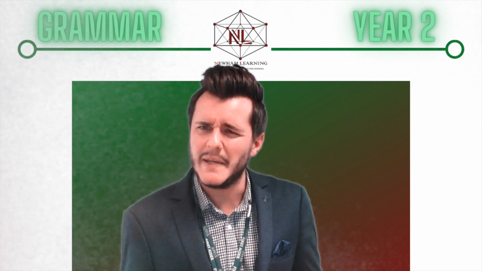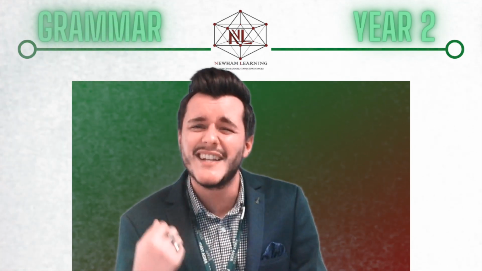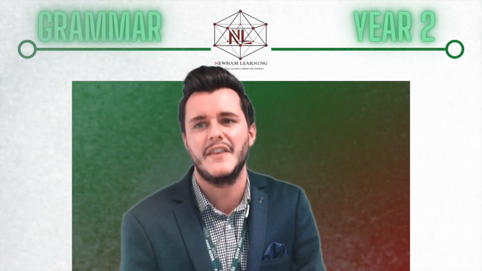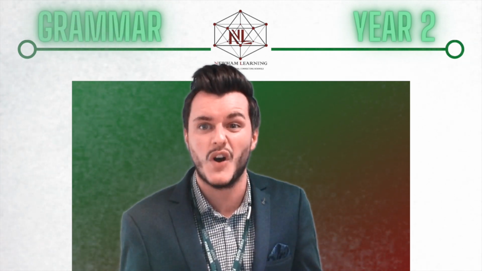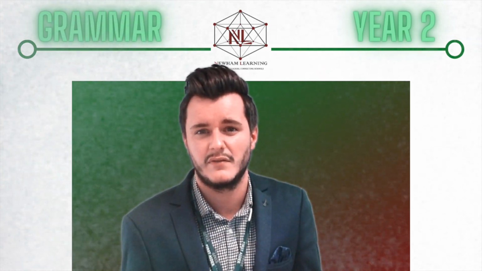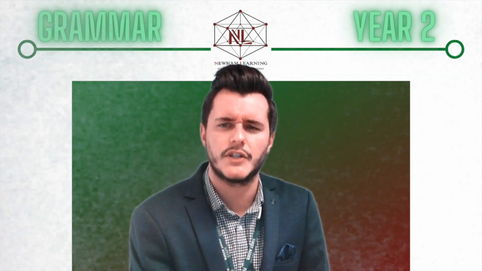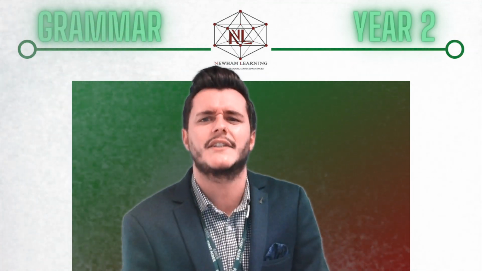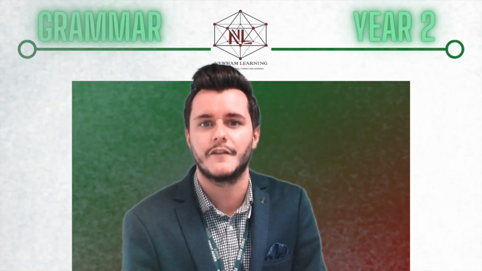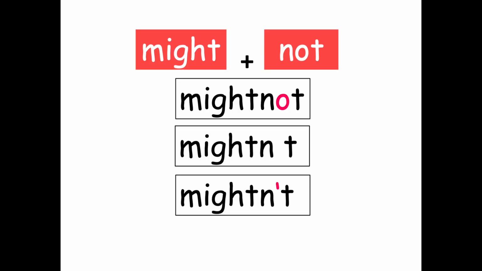Now, some people still find it hard to know exactly where to write the apostrophe, even if they've worked out the contraction. Let's put might and not together and see which letters we mightn't need to find the contraction. Might will be our root word, and we can contract or shorten not to n't.